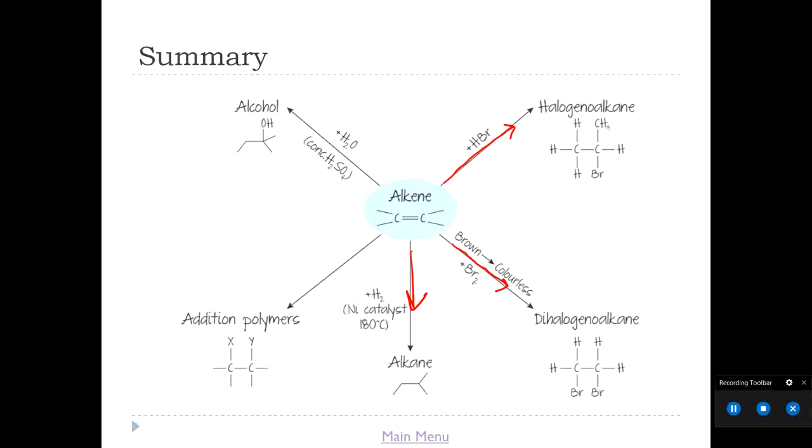The color with the bromine one, again, we could use this for the bromine test because when it reacts, it goes from brownish orange to colorless when it reacts with an alkene, but does not react with alkanes. We had our alcohol. So the addition of water goes from an alkene to an alcohol using concentrated sulfuric or phosphoric acid. And lastly, our addition polymers, where we have many, many different addition polymers to count from.